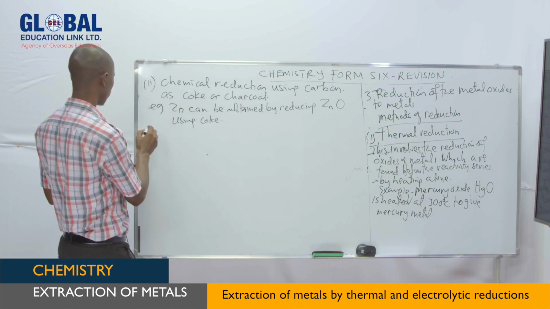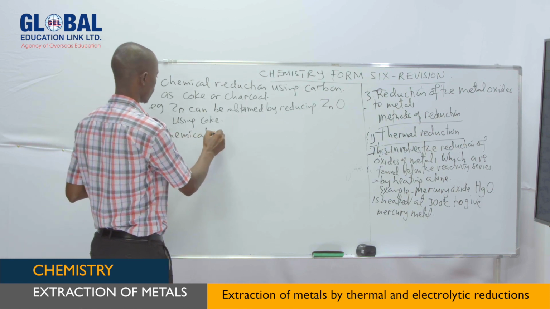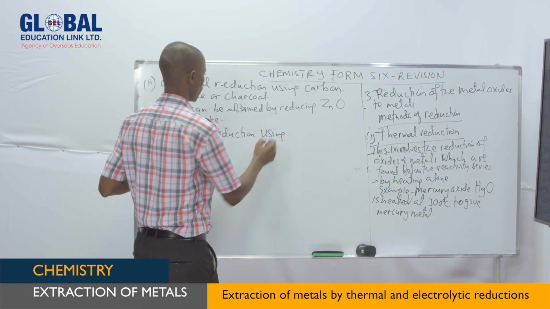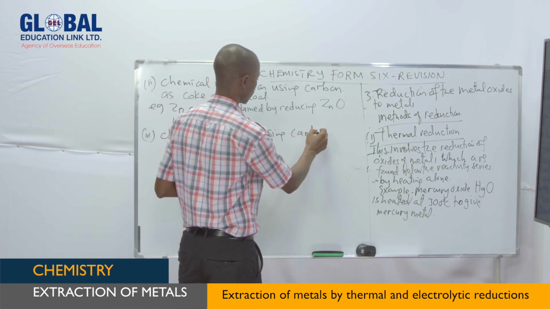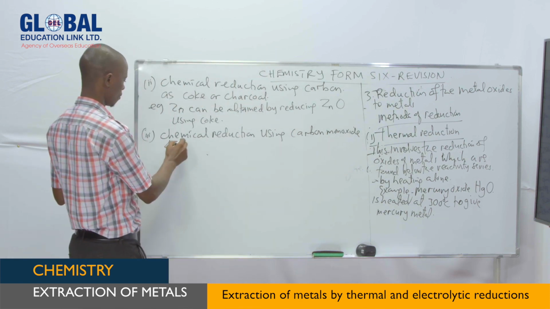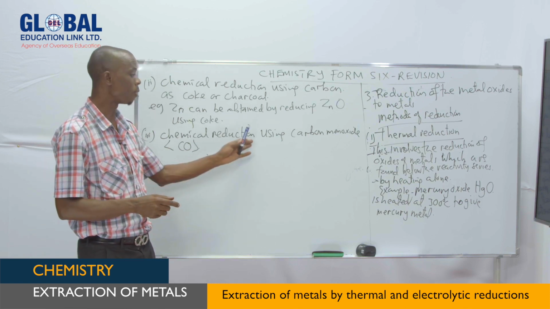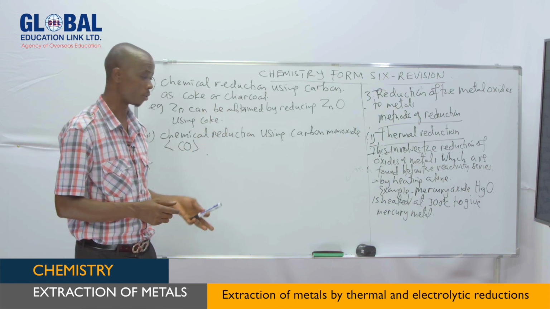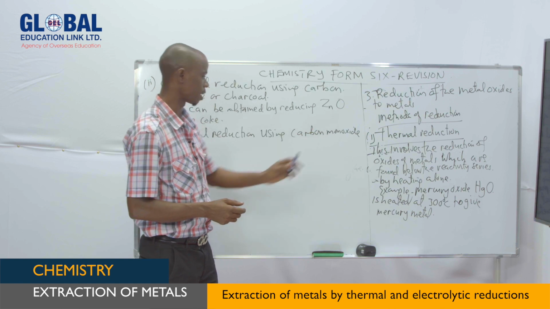We have another one: chemical reduction using carbon monoxide. This can be used, for example, when extracting iron from the hematite ore, where the main reducing agent is carbon monoxide.